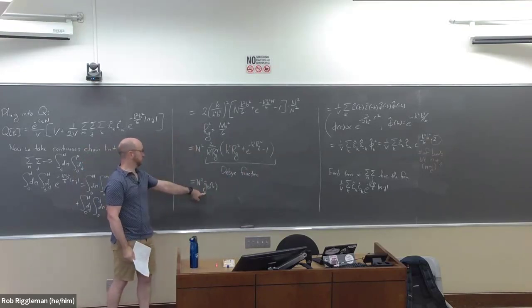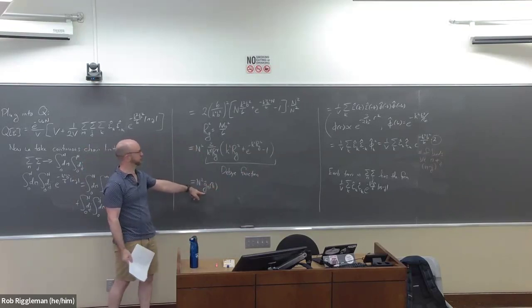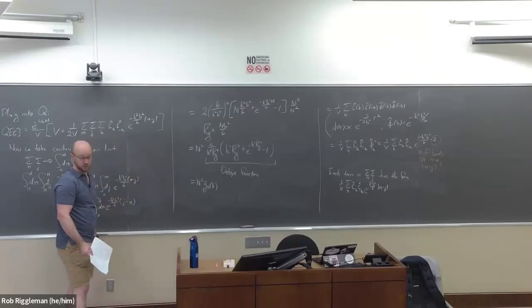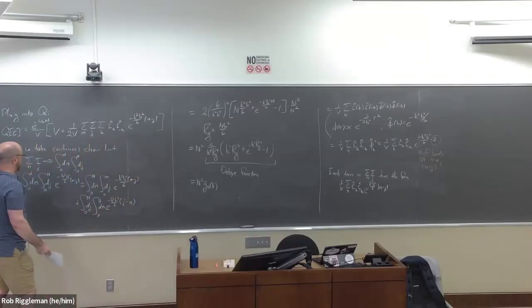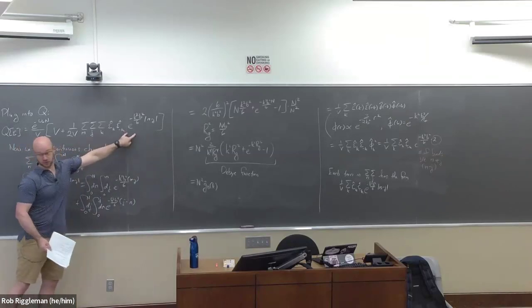G sub D in Fourier space is the notation that's used in Glenn's books for the Debye function. No, this is just this part. Yeah, it's just the double sum and the exponential.